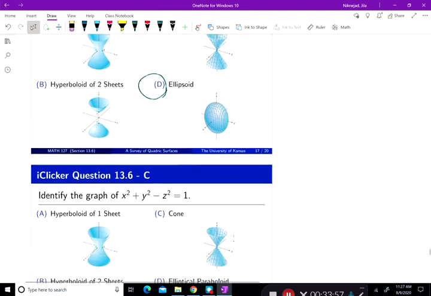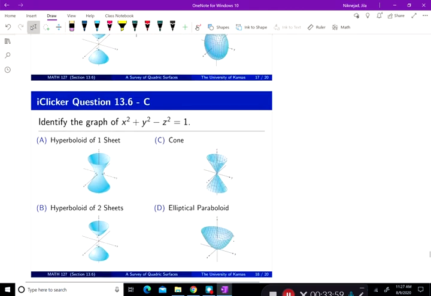Now iClicker question 13.6c. Identify the graph of x squared plus y squared minus z squared equal to 1. Maybe stop the recording and find the answer and come back. I hope you tried to find the answer, so let's see how this works.